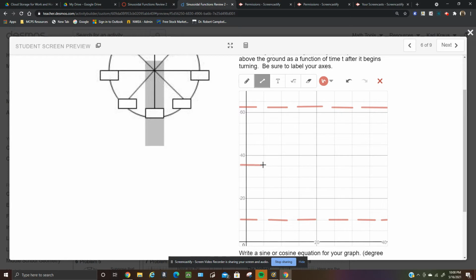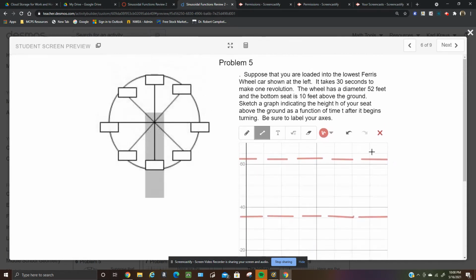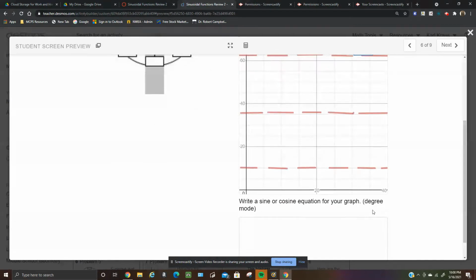I guess that's in the middle. I was thinking that was in the middle, but so 62, 10, and 36.